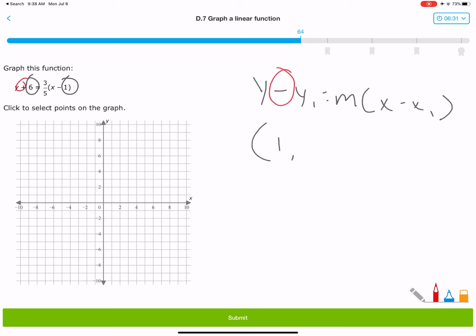So all we have to do is flip the sign. So now it's just going to be negative 6. And our slope is 3 over 5. Okay? So we're going to graph our first point, 1, negative 6. And our slope is up 3 over 5. Okay?